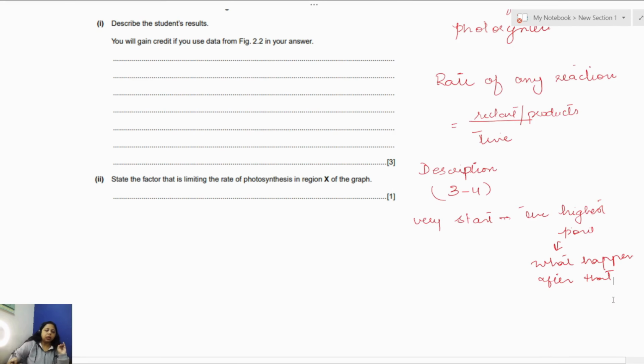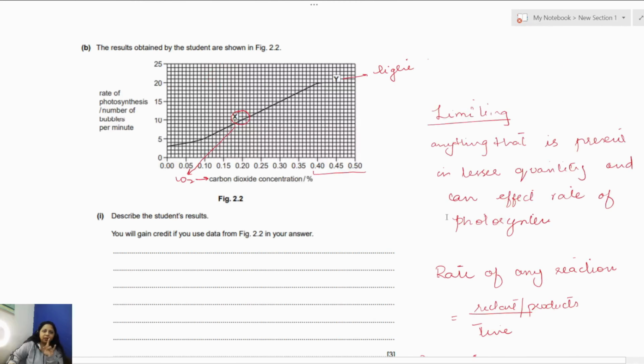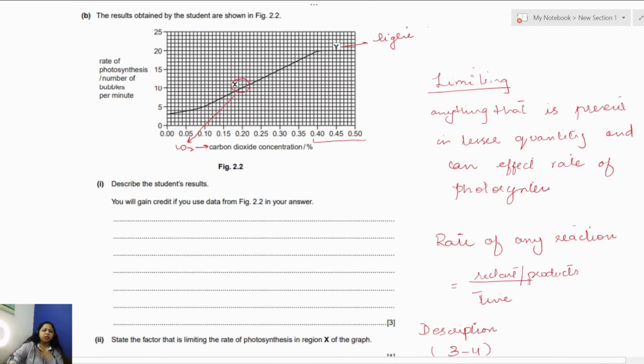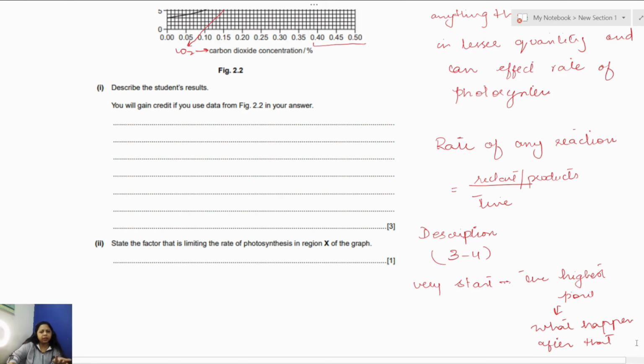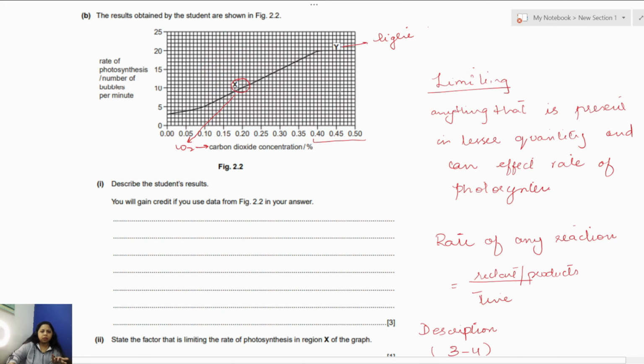Next, you need to mention the units given on the x-axis and the y-axis. Then you have to tell whether it's decreasing, increasing, or constant, and what happened after that, till the end.